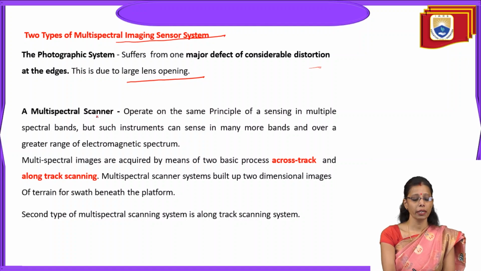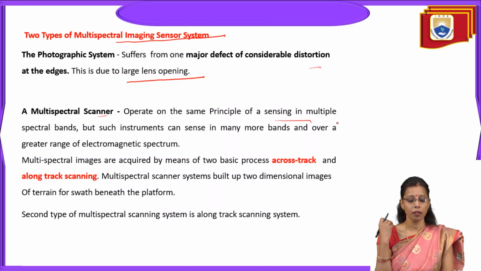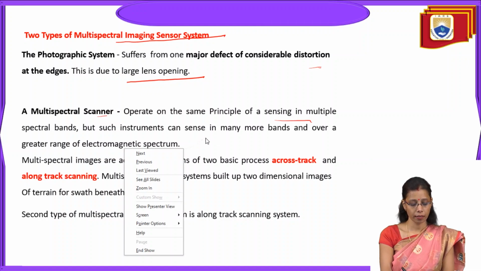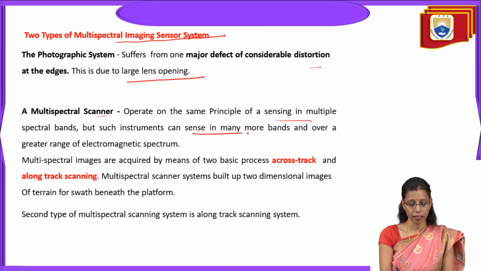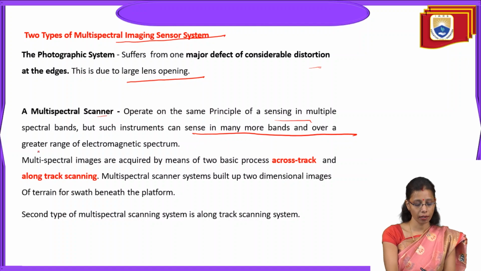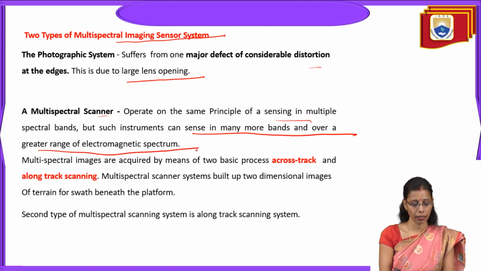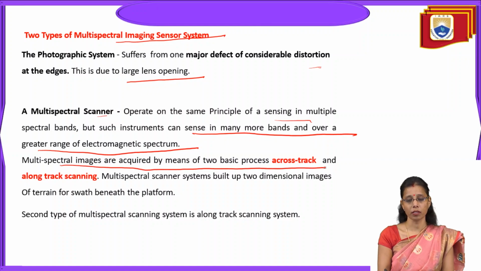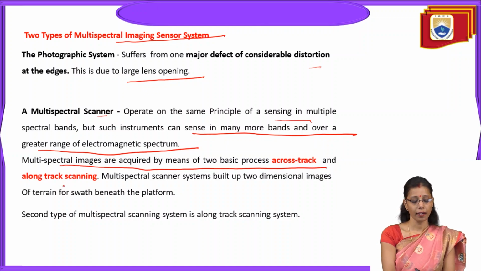Now the multispectral scanner operates on the same principle of sensing in multiple spectral bands, but such instruments can sense in many more bands and over a greater range of the electromagnetic spectrum. Multispectral images are acquired by means of two basic processes, across track and along track.